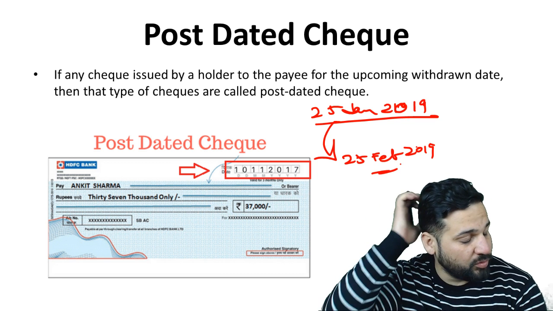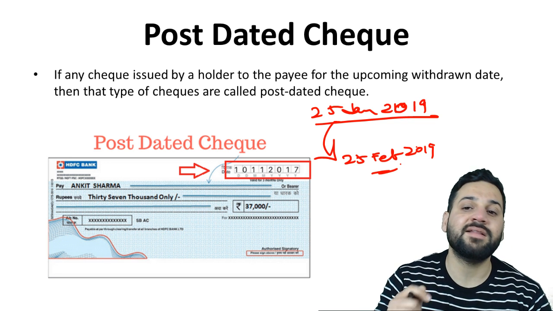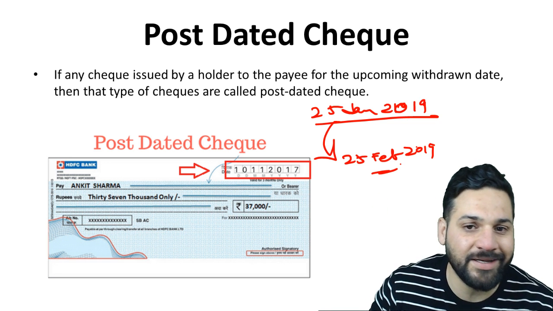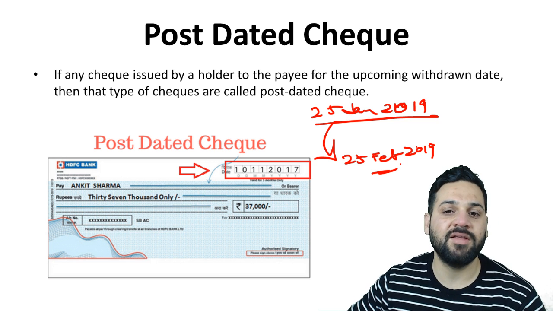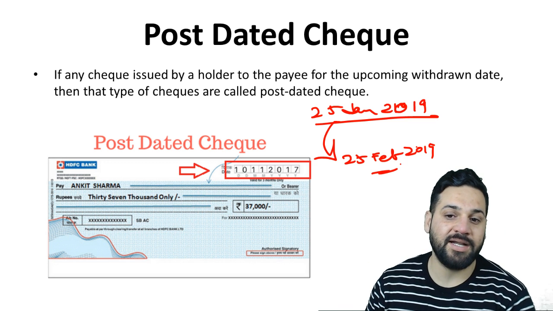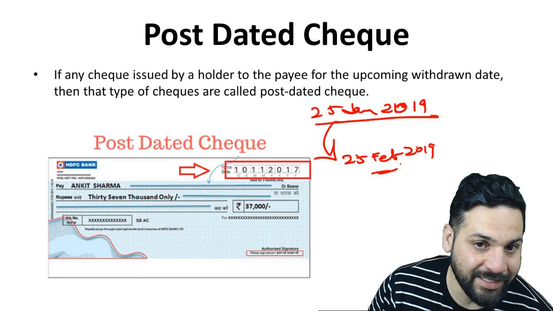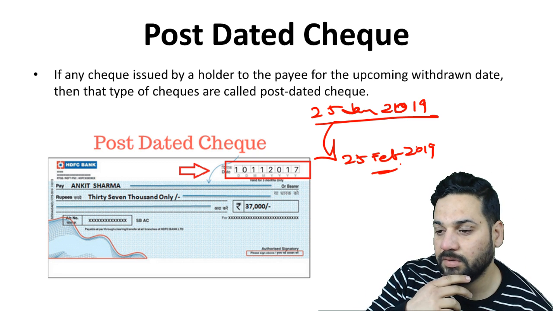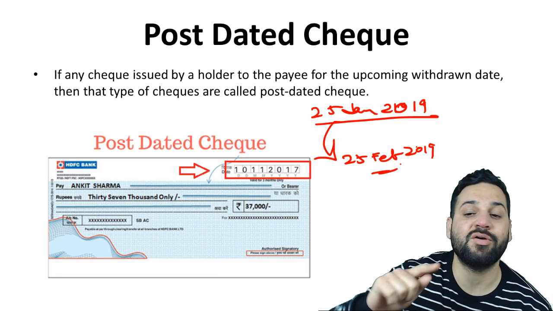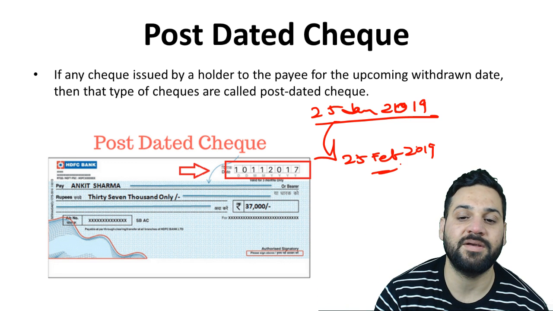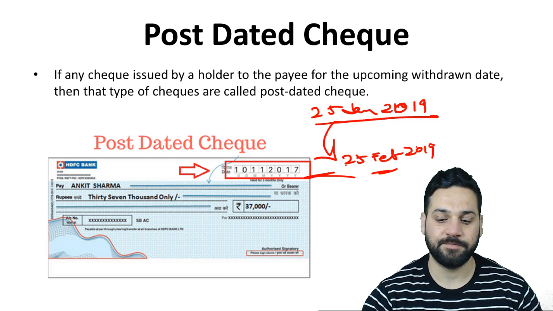So the person who gets the check cannot present this check before 25th of Feb 2019, right? So this is a post-dated check. Today I am giving somebody a check but the date is 25th of Feb 2019. The person cannot present this check today. He needs to present it on 25th of Feb because that is the date mentioned on the check.